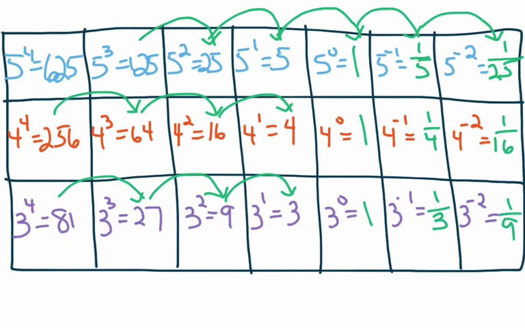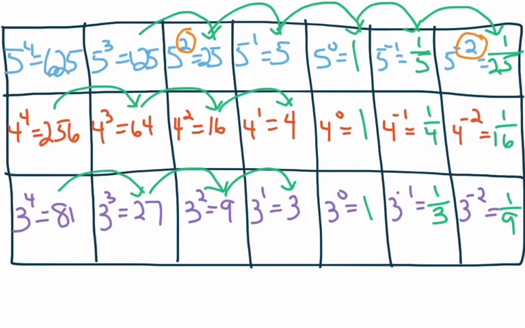So the pattern that I was hoping that you'd see here, if we see positive 2 here, and negative 2 here, we both end up with 25 as part of our answer. However, for 5 squared, that equals positive 25, or we have 25 in the numerator, because remember we could write this as 25 over 1.